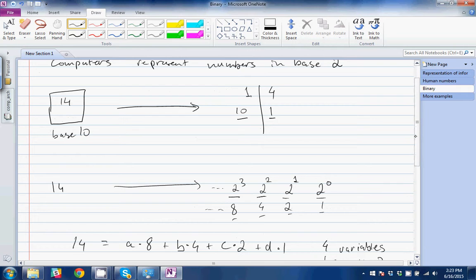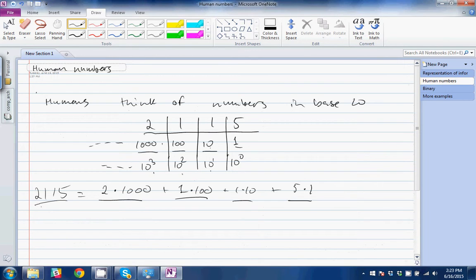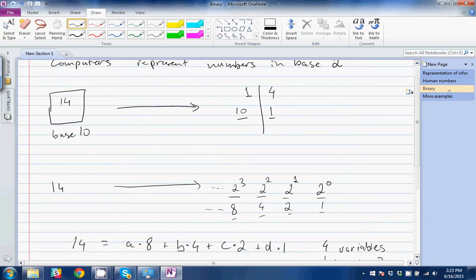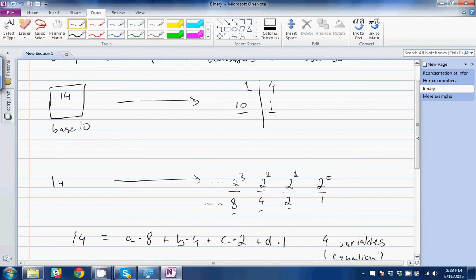So how do we represent 14 in base 2? Remember that I expressed the base 10 number as a linear combination of the place values. Here we're going to do the same thing.